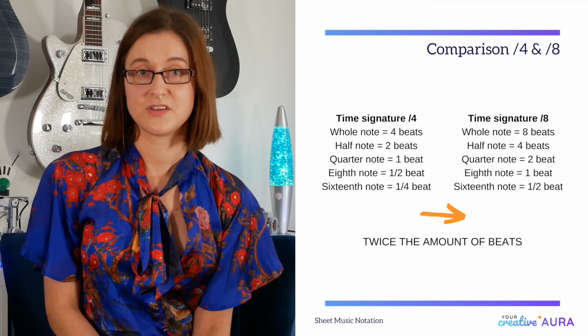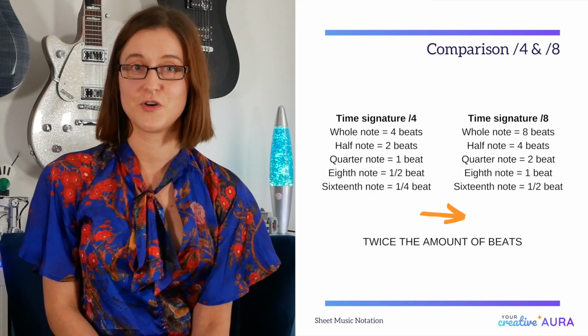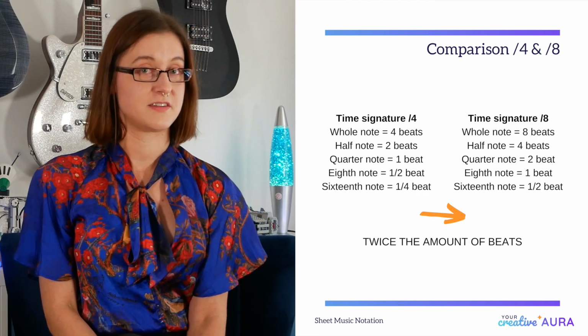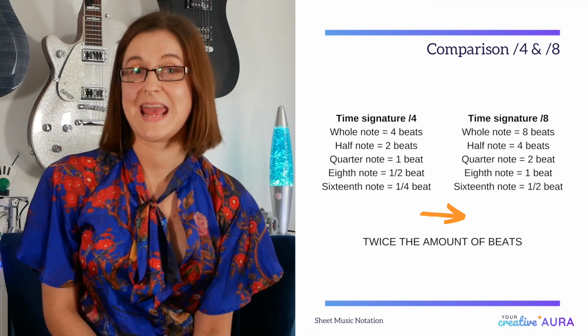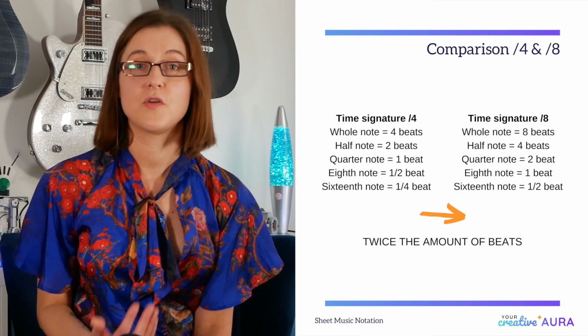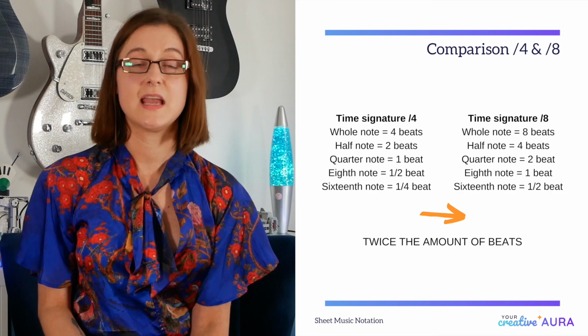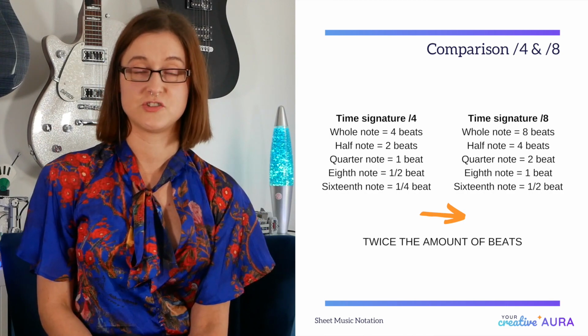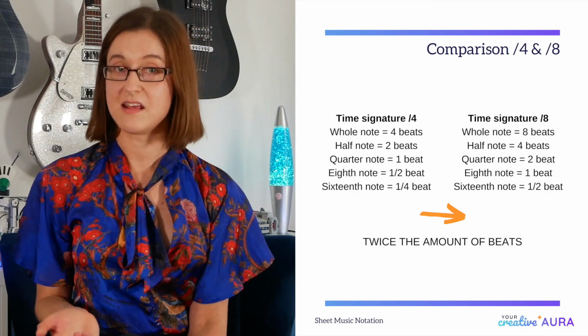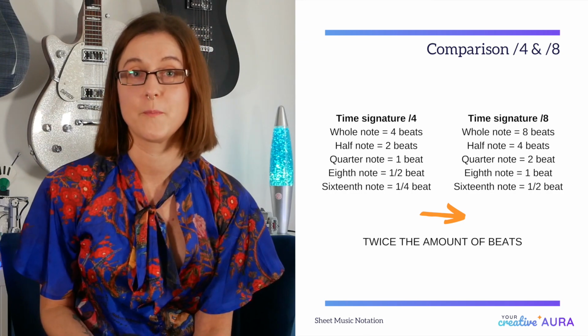Now in the quarter time signature, /4, a whole note is 4 beats, whereas in the eighth time signature, it is now 8 beats. It is double the amount. And the same goes for the half note. In a quarter time signature /4, a half note is 2 beats, but then in the eighth time signature, it is 4.